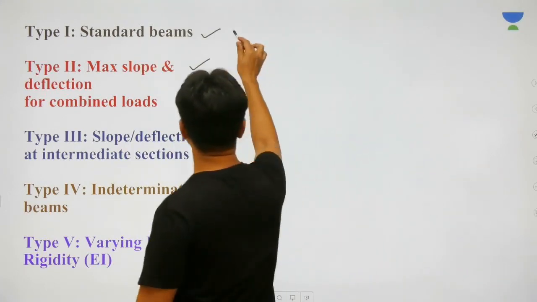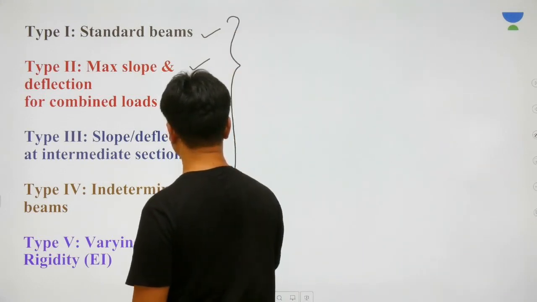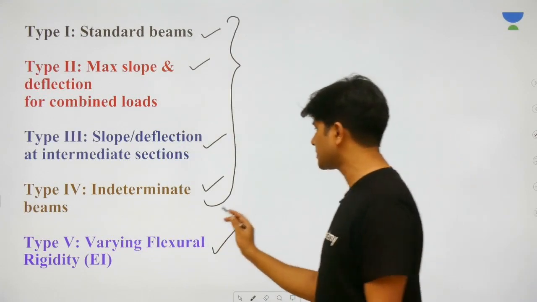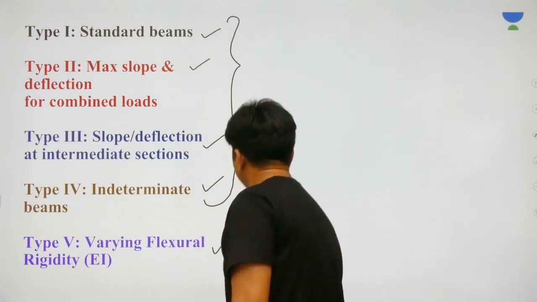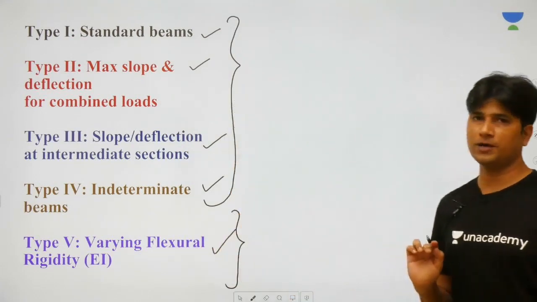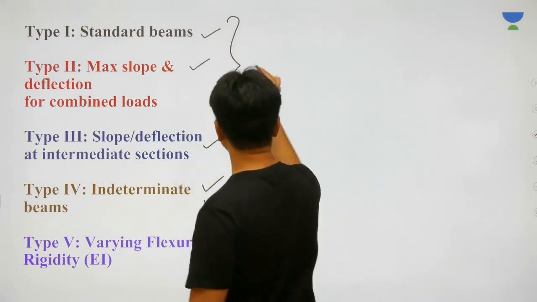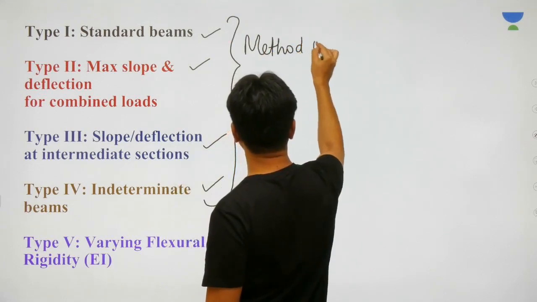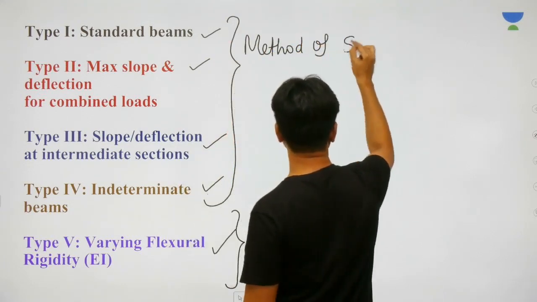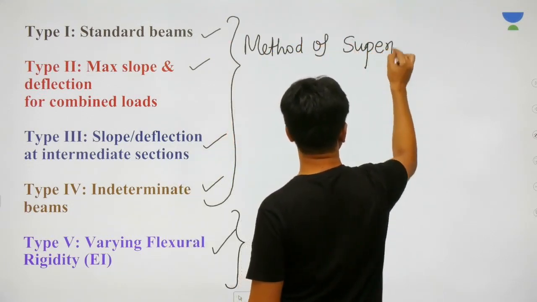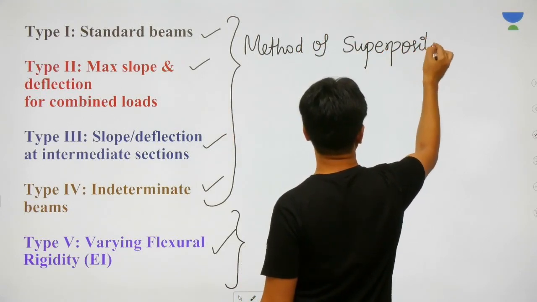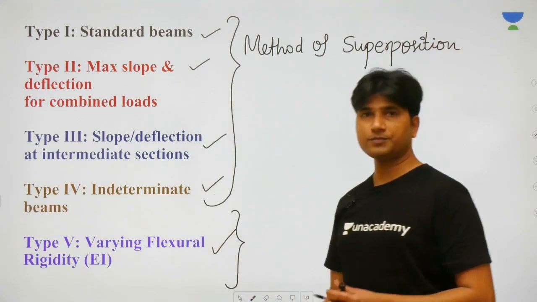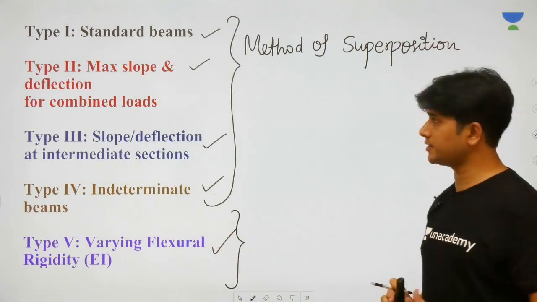In part 1 of this series, I discussed solving type 1, type 2, type 3 and type 4 problems, and in part 2 I discussed solving type 5 problems. For the first 4 types of problems, I recommended the method of superposition. Method of superposition is a very simple thing. All you need to do is remember 4 standard cases.